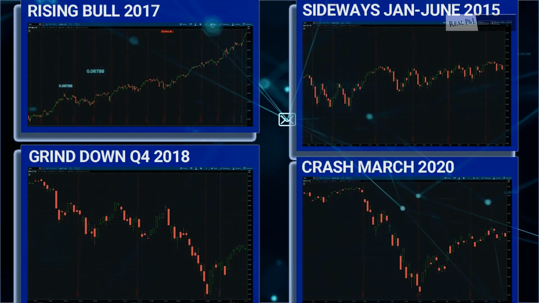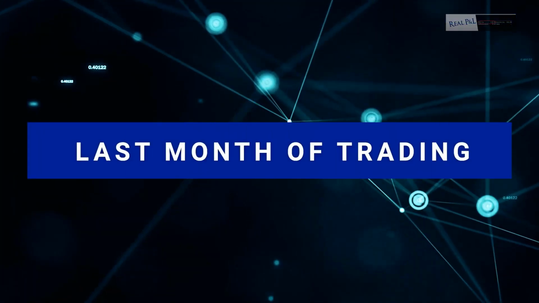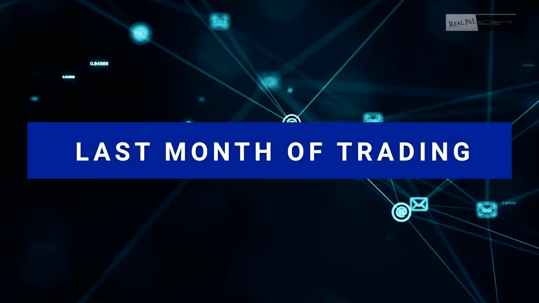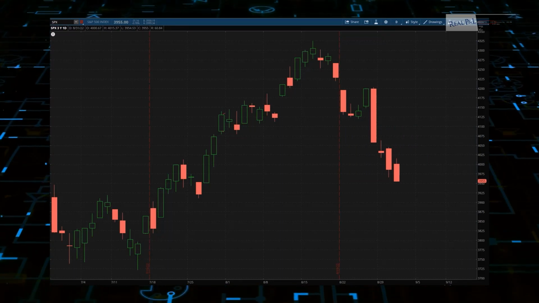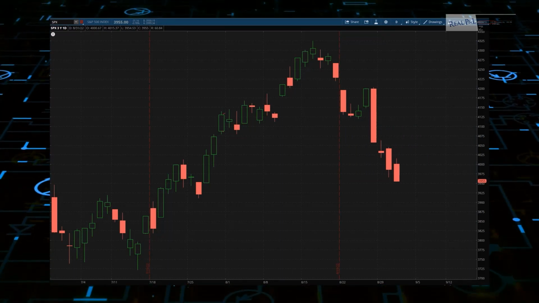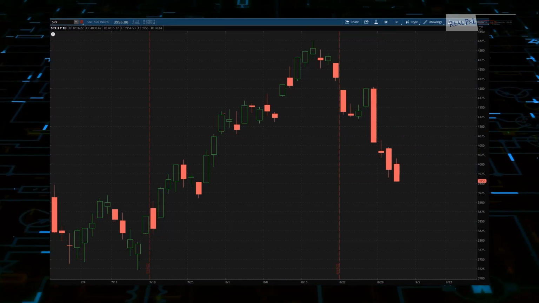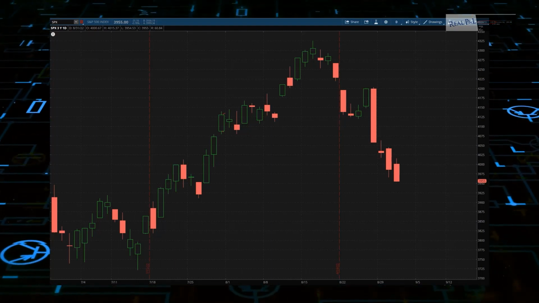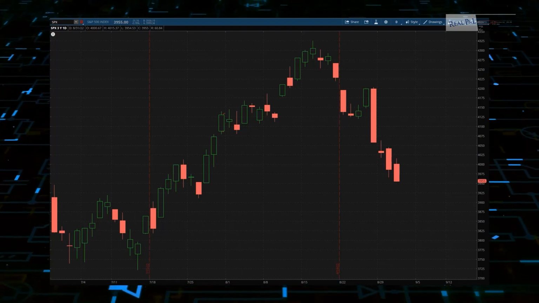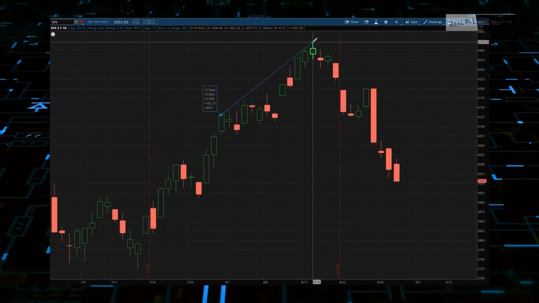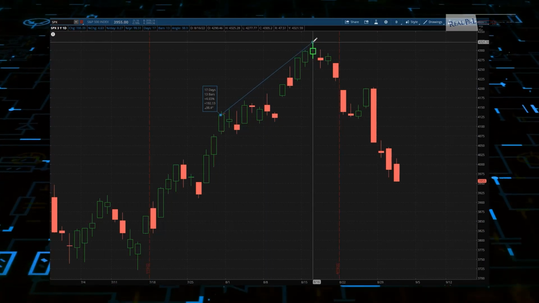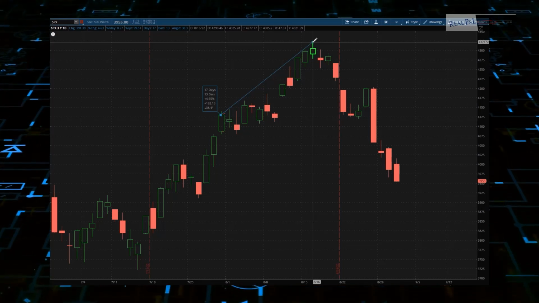So first I'm going to go over my take, and then I'm going to go over what happened in the last month of trading. Okay, looking at the market for August 2022, you can see I have SPX, the S&P 500 represented here. And in August, the S&P 500 started by moving higher, went up to the peak on the 16th, a little over 4.5%.